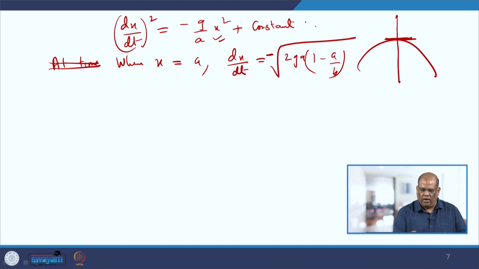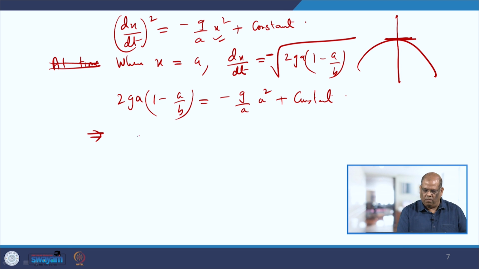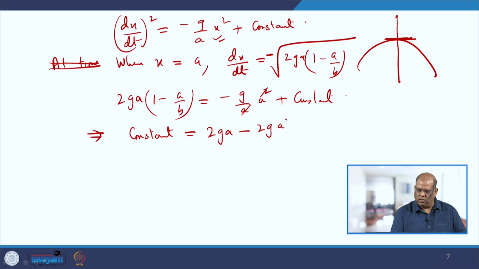So, we substitute it here and we get 2 g a (1 minus a by b) equal to minus g a square by a plus constant, which implies our constant is equal to 2 g a minus 2 g a square by b plus g a. So, 3 g a minus 2 g a square by b.